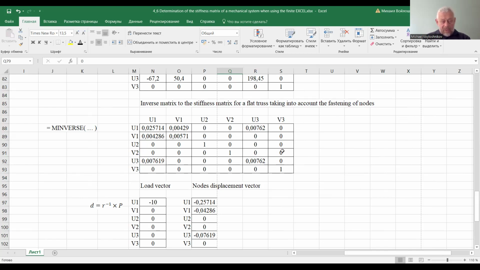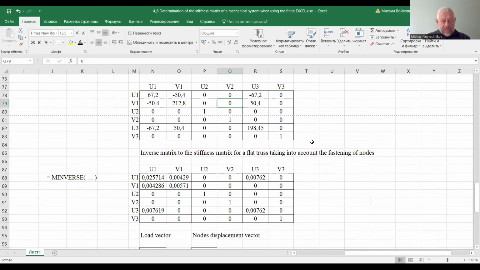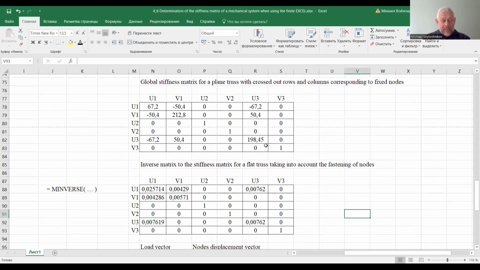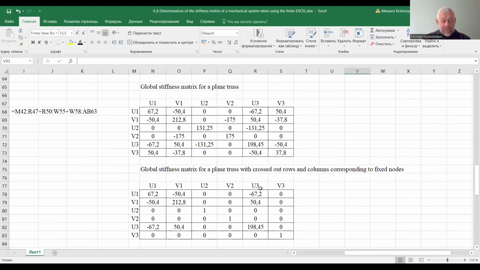This is the matrix of stiffness with the assignment of the conditions of the support.